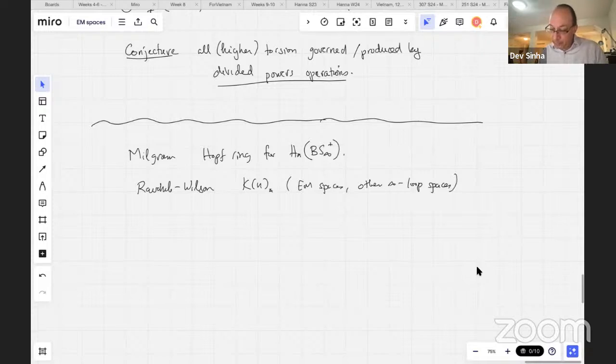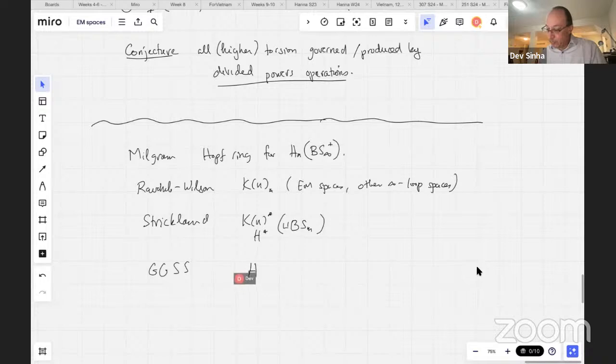And then, interestingly, a very different Hopf ring structure was found by Strickland for Morava K-theory and also cohomology of symmetric groups. That's what my collaborators and I rediscovered: Giusti, Guerra, Paolo Salvatore, and myself. We just focused on the cohomology of symmetric groups.